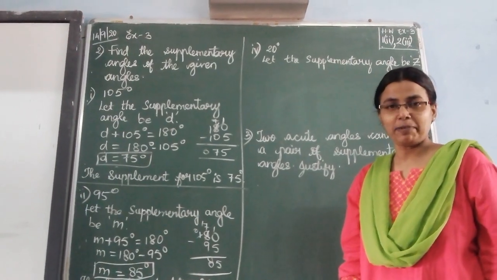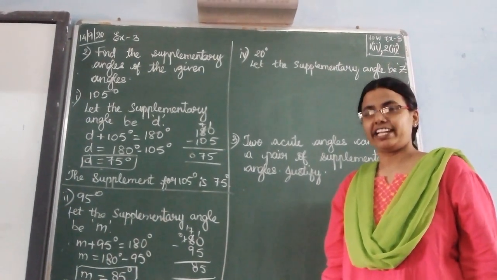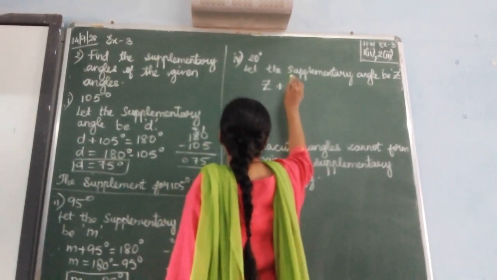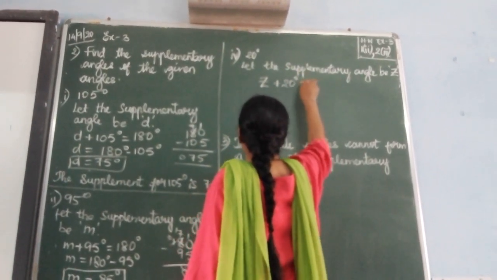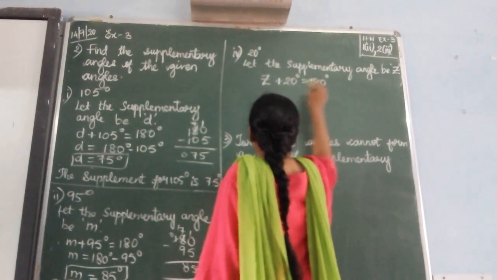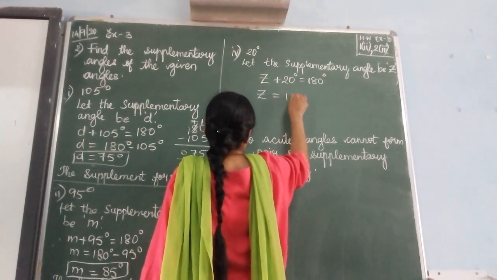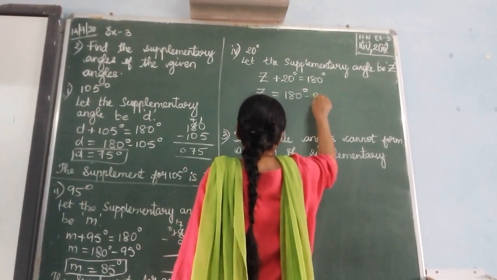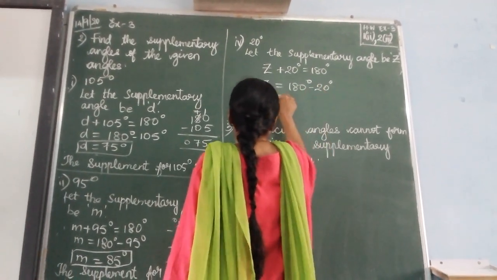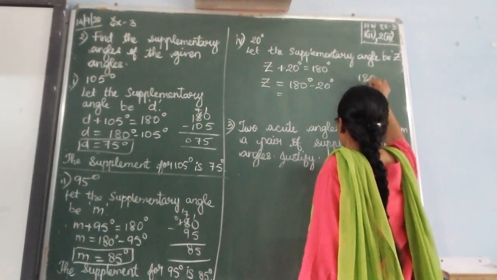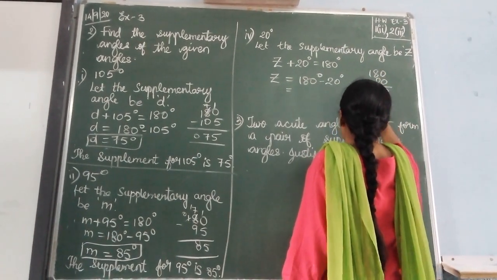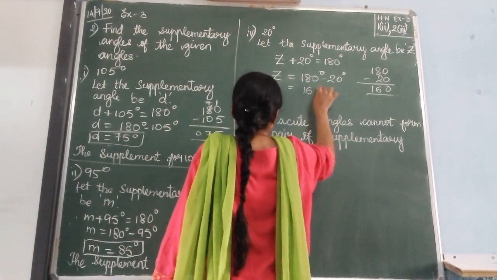Did you complete the problem? Okay, let me cross check with it. Z plus 20 degrees is equal to 180 degrees. Z is equal to 180 degrees, plus becomes minus when it goes to the other side, minus 20. So 180 minus 20 is, this is 0, 8 minus 2 is 6 and this is 160 degrees.